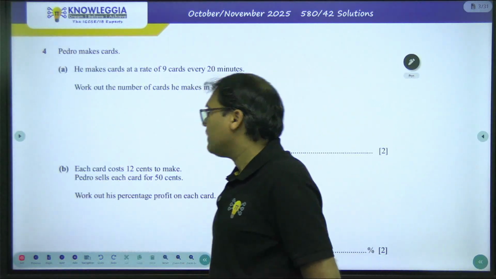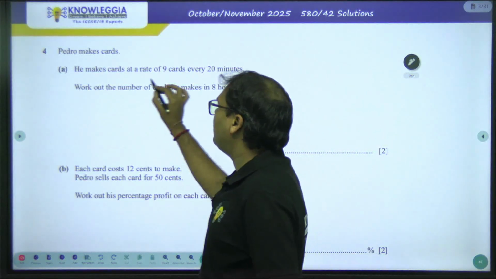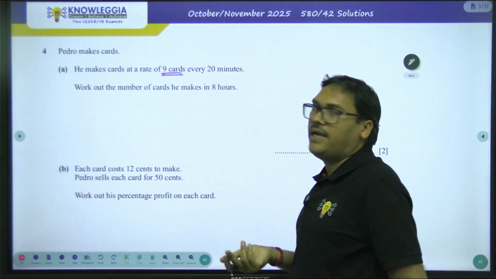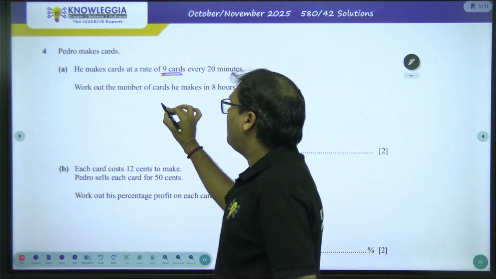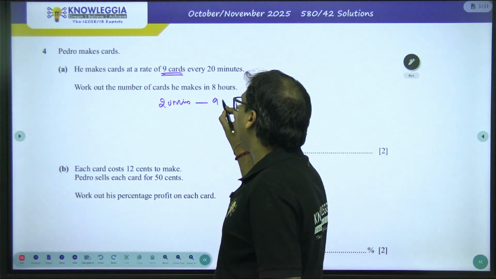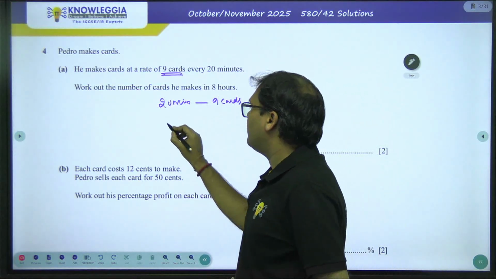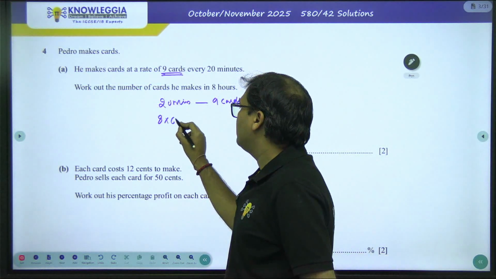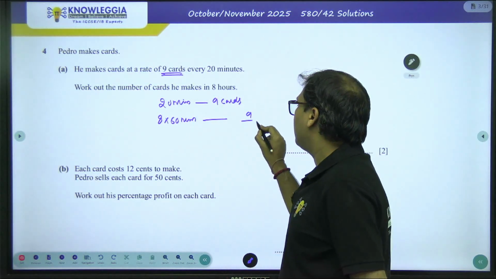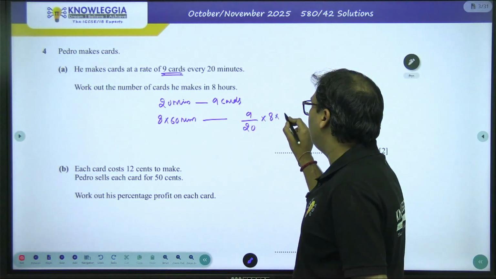Next question. Pedro makes cards. He makes cards at a rate of 9 cards every 20 minutes. Work out the number of cards in 8 hours. You can see in 20 minutes he is making 9 cards. In 8 hours, which is basically 8 into 60 minutes, how many cards will he make? 9 upon 20 into 8 into 60.